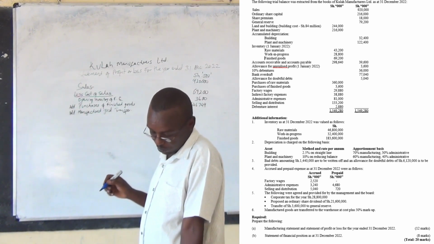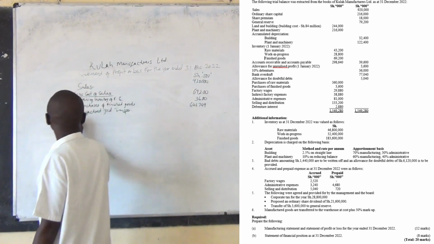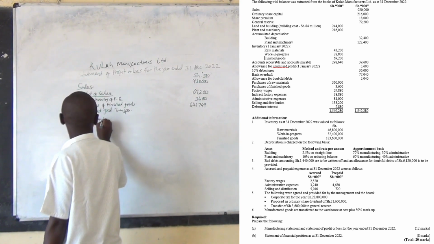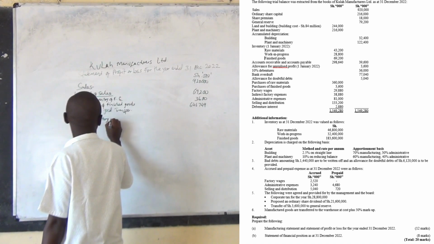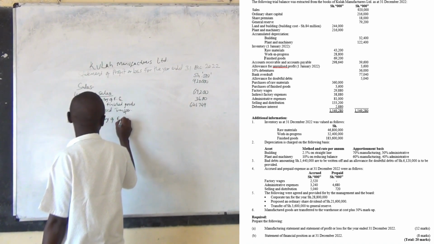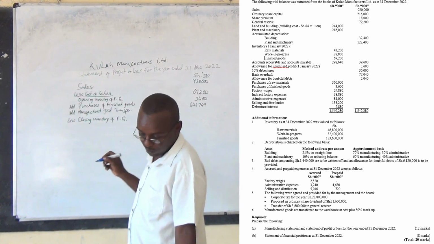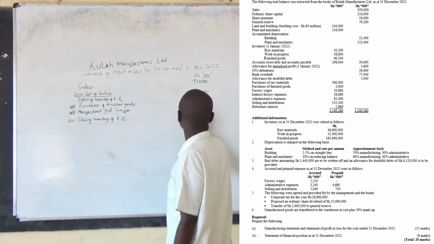Then you less the closing inventory of finished goods, which is 183,600.